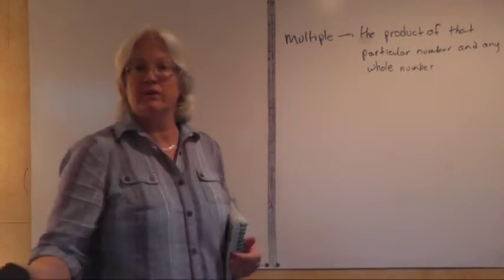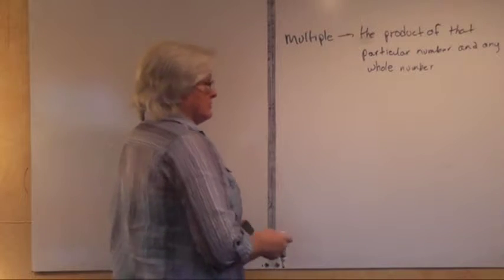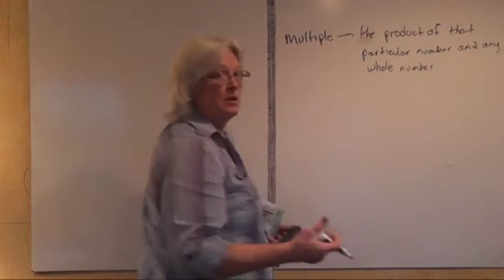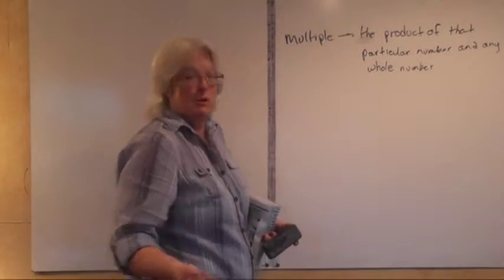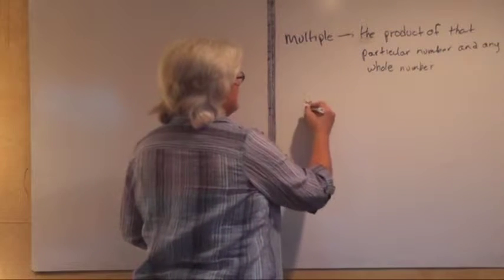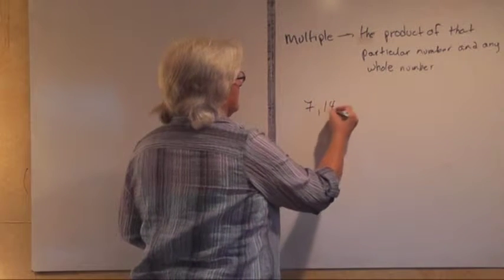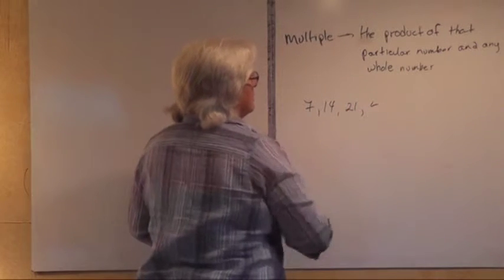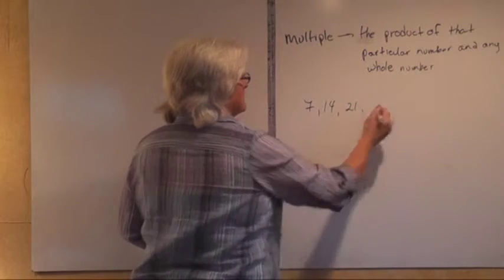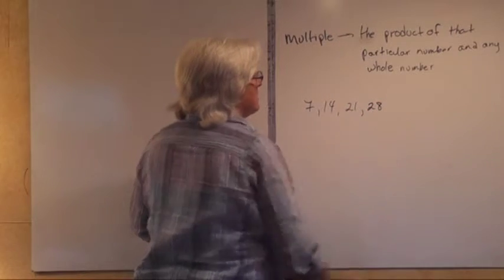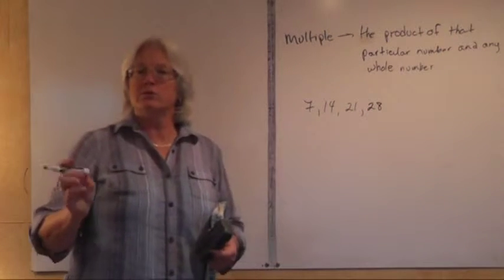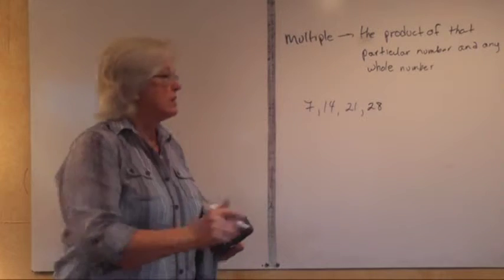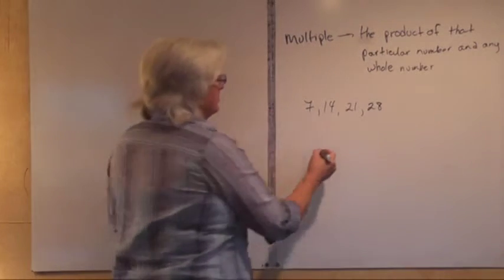So if it asks you to give us the first 4 multiples of 7, they're really asking you simply to count by 7s. 7 times 1 is 7, 7 times 2 is 14, 7 times 3 is 21, 7 times 4, and there I go again, writing the 4, 7 times 4 is 28. So those would be the first 4 non-zero multiples of 7.